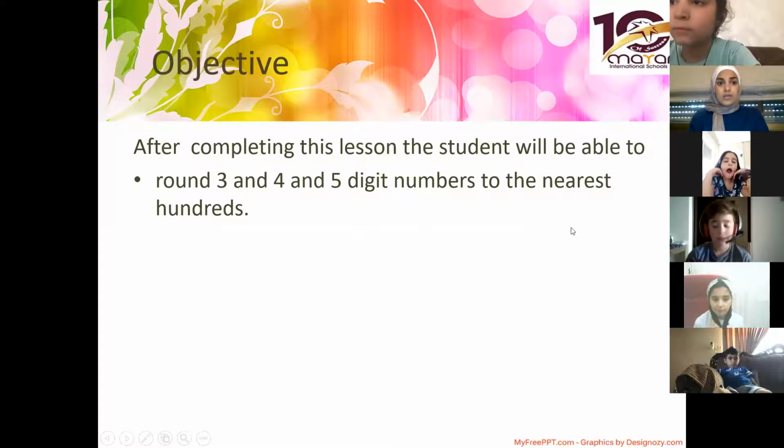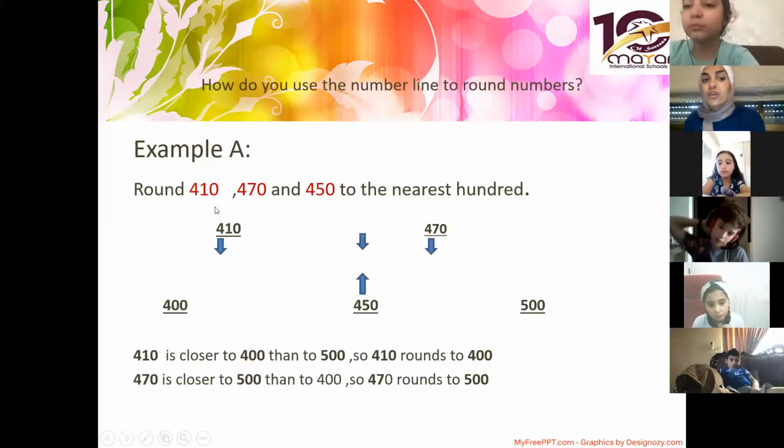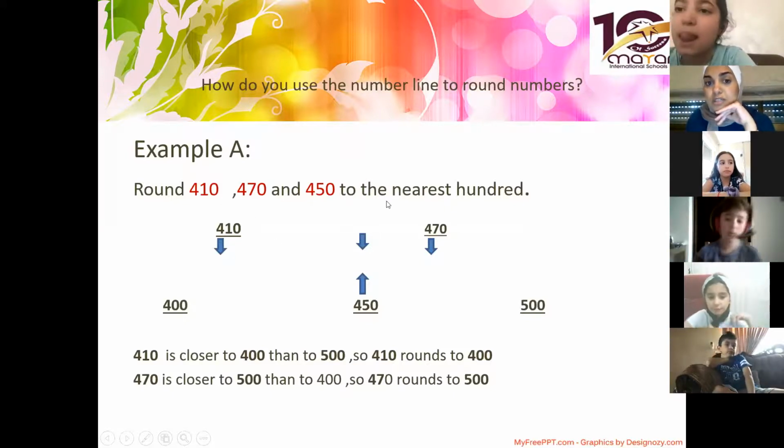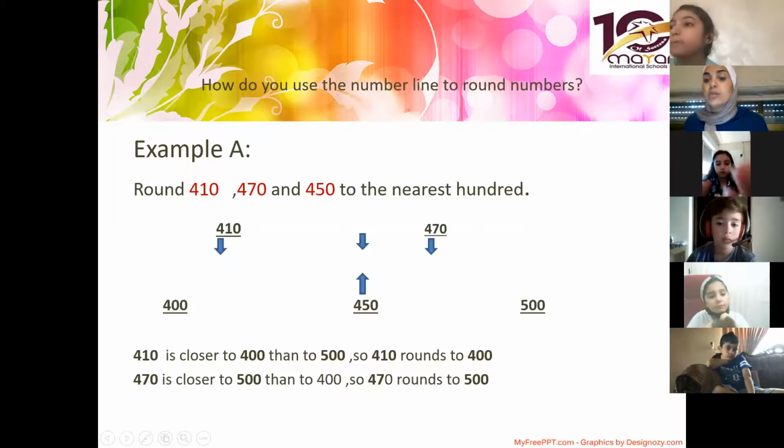So we will round 3, 4 or 5 digit numbers to the nearest hundreds. Here, we have 410, 470, 450. We will round them to the nearest 100.